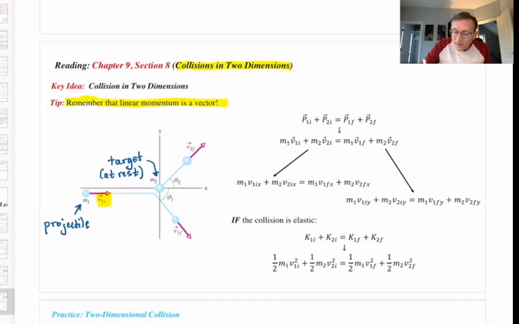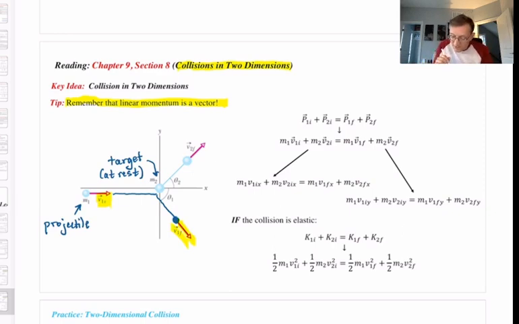Particle 1, after the collision, comes in like so, straight line. Then the collision happens, boom, and then it travels along that line right there. And this arrow right here represents the final velocity of particle 1, v1 final.